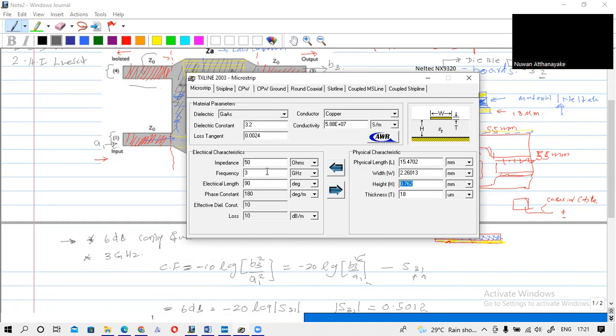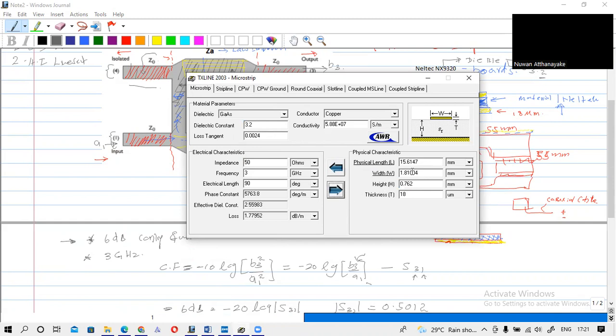Maybe the frequency affects the width, but not too much, and we can neglect those impacts. But these are very important, so you have to insert the correct values here: the dielectric constant, impedance, and height of the dielectric material.